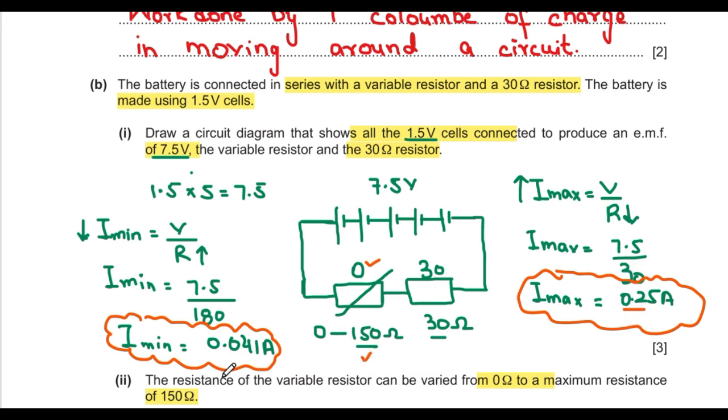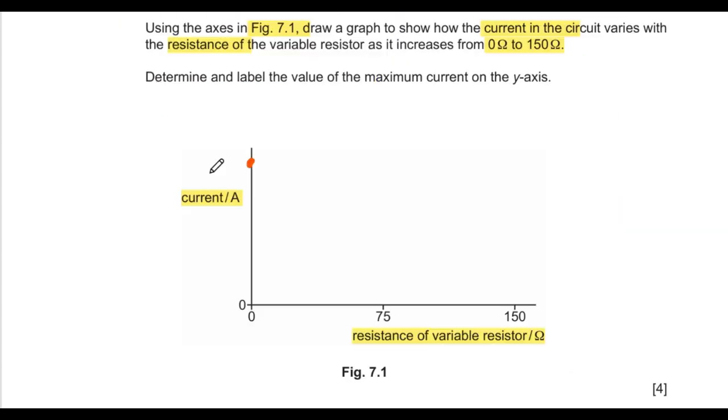And if the resistance is maximum, which is 150, then the current is minimum, which is 0.041. So current is maximum at 0 ohms of variable resistor and minimum, 0.041, at the value of 150 ohms of variable resistor. I have marked 2 points and there is an inverse relation, so the curve will be like this.